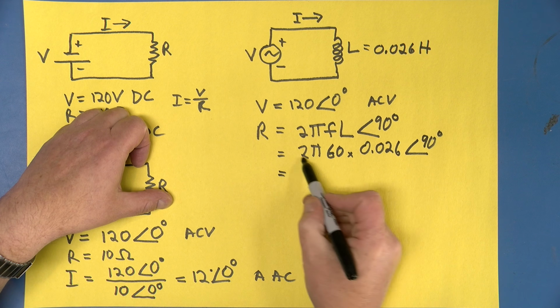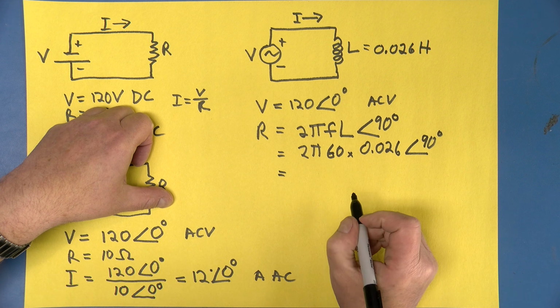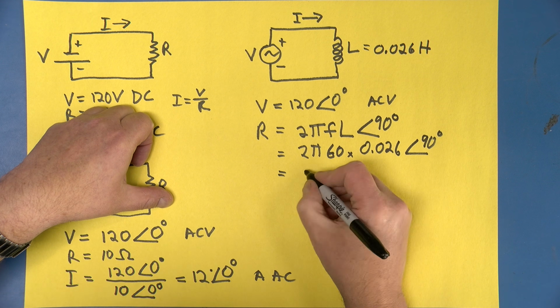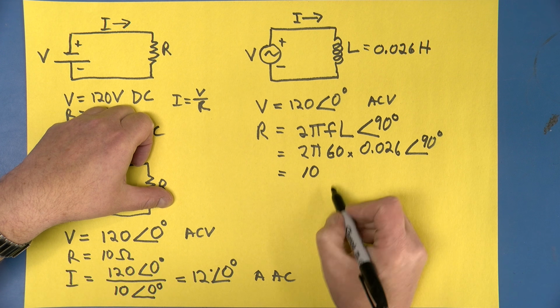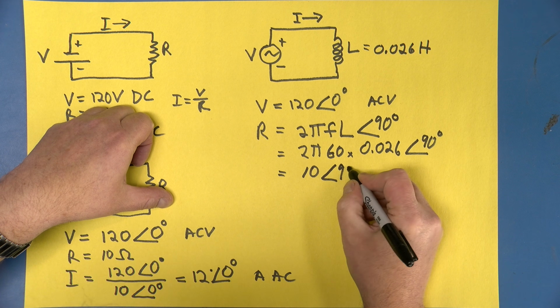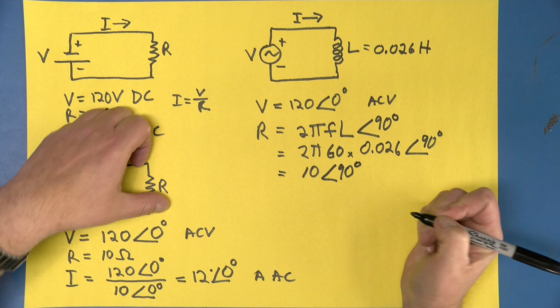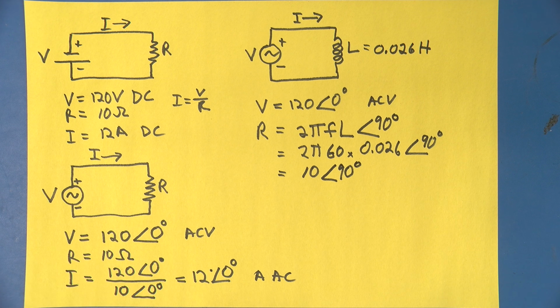And if you do this multiplication over here, what do you get? You get approximately 10. I chose that at an angle of 90 degrees. So there's our reactance right there.